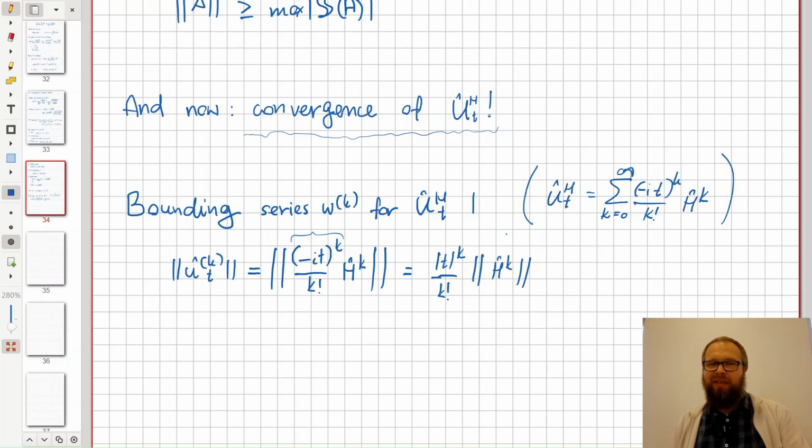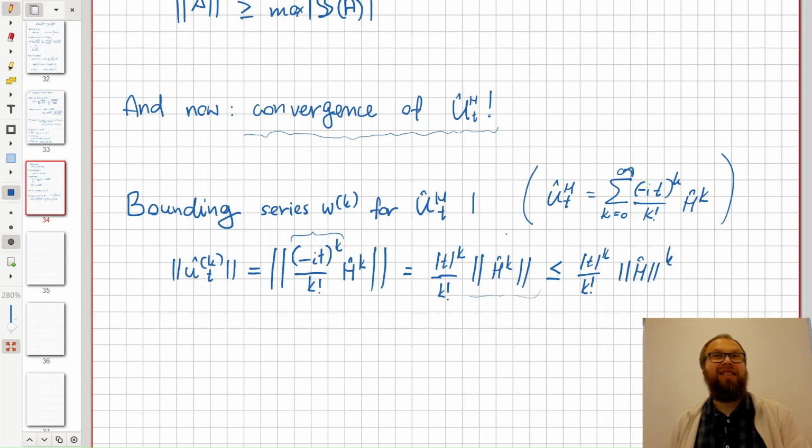And now there is a Hamiltonian, so we have a power k of the Hamiltonian inside the norm. This just asks to use the sub-multiplicativity of the norm to convert this into |t|^k times the norm of H to the power k.